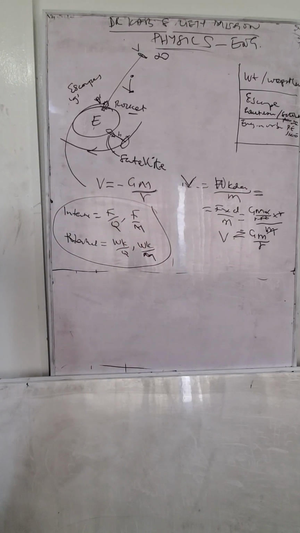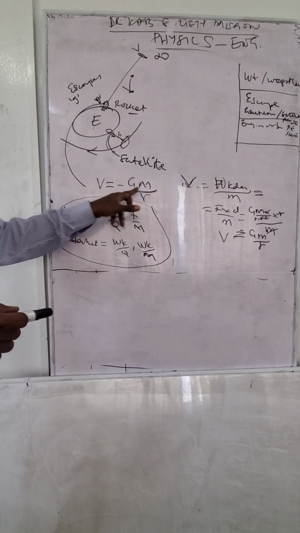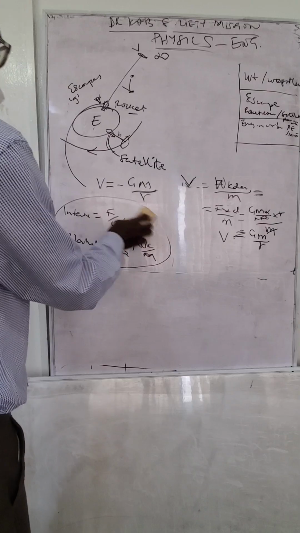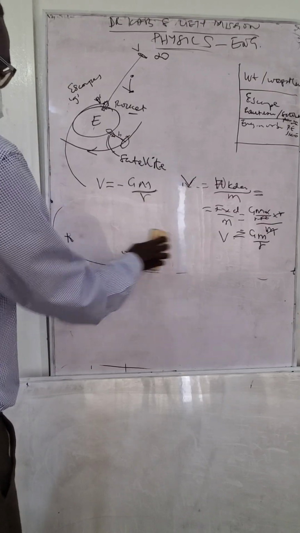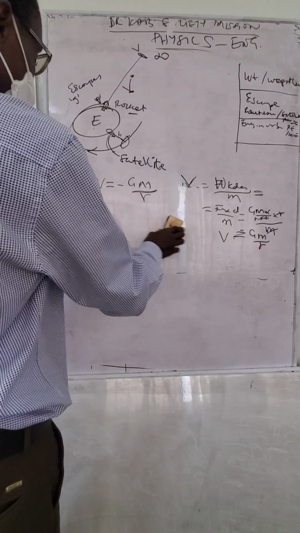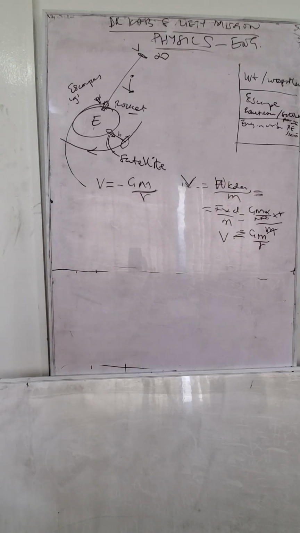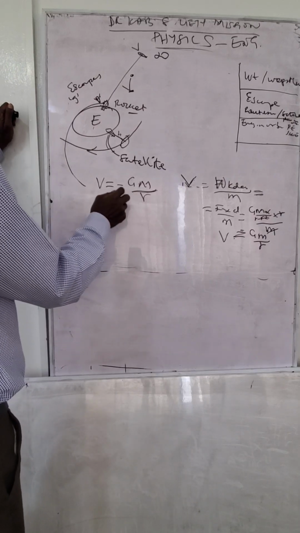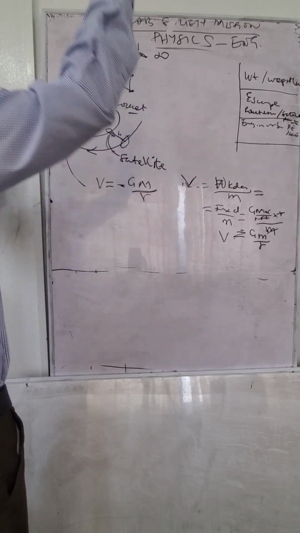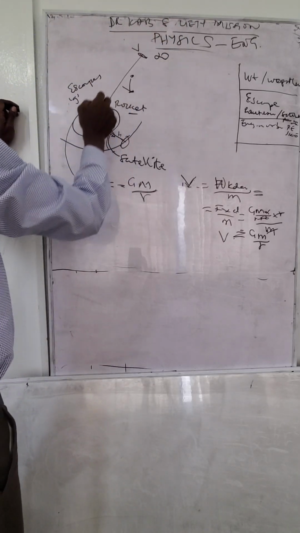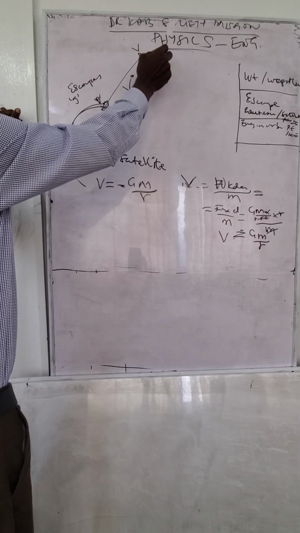So the potential is this. The potential is the work done per mass in moving it from one point to the other, by definition. This is the potential at the point. The potential at the point is negative because we use infinity as the reference point. So potential anywhere will be less than the potential at infinity.